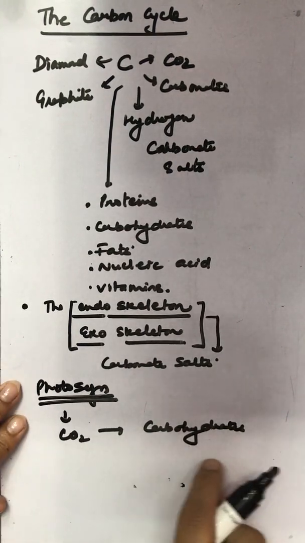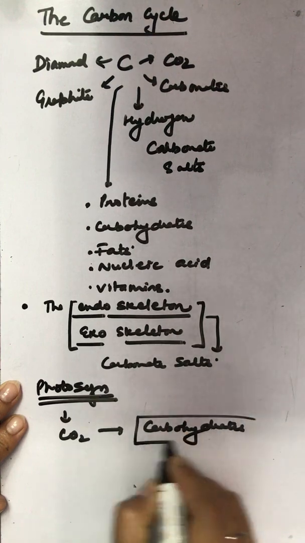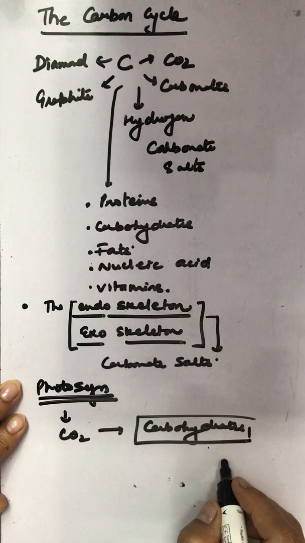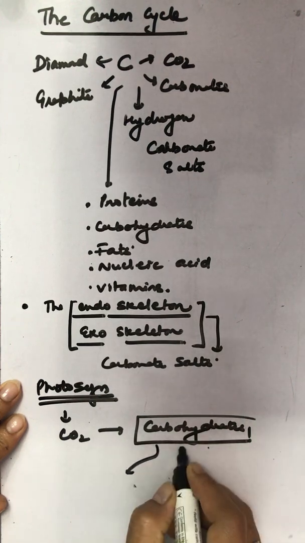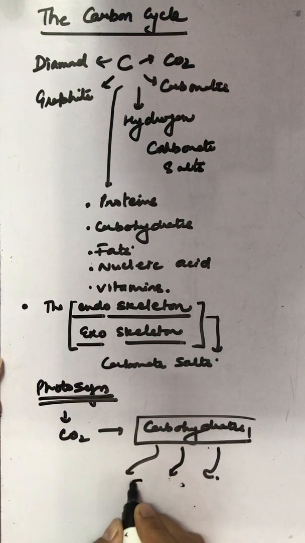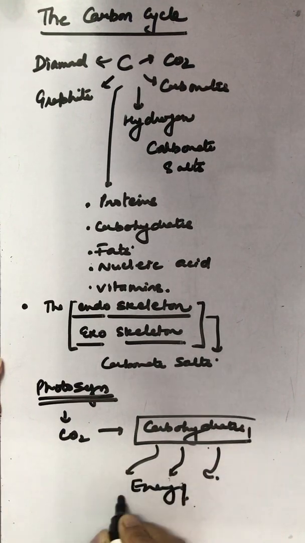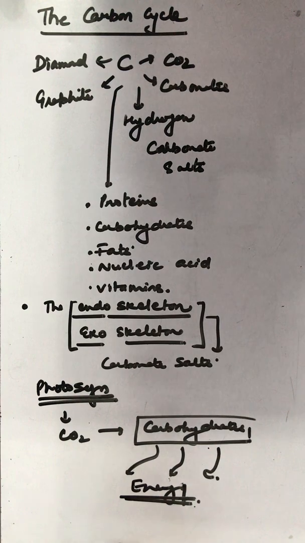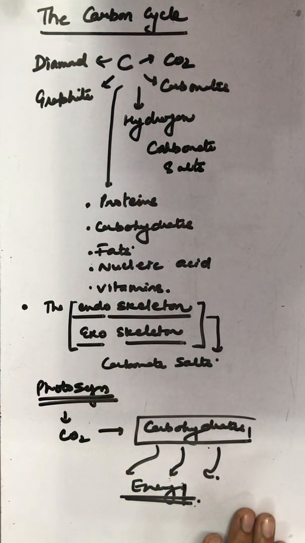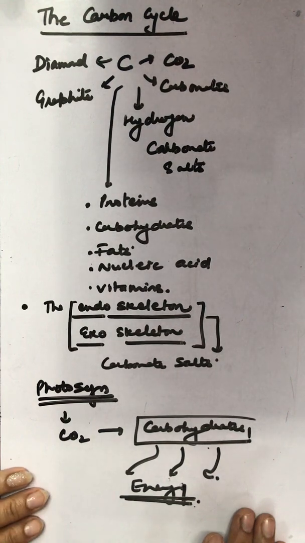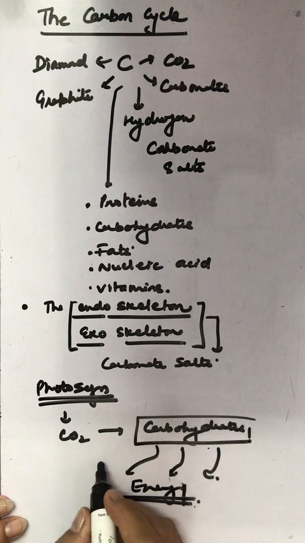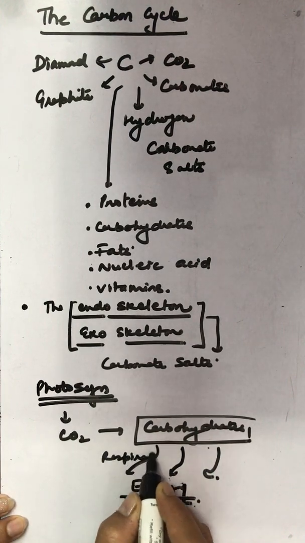And this carbohydrate, which is the glucose molecule, is converted into other substances, used to provide energy for the synthesis of various metabolic products in the body and to carry out metabolic activities of all other animals. The utilization of glucose to provide energy involves the process of respiration.